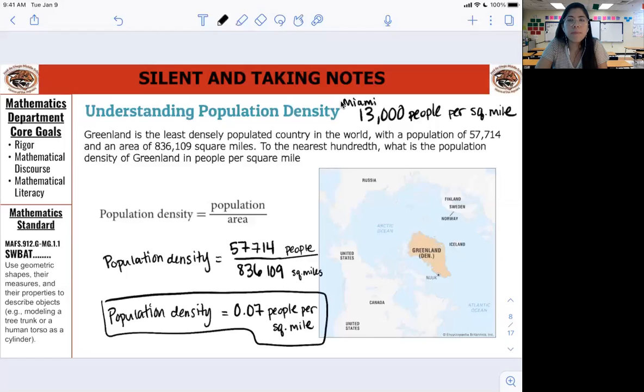It would be like from JDD to Biscayne Boulevard, and then down about 5 blocks. That would be like a square mile. And there's a lot of people who live in that square mile. 13,000 people could easily fit inside that area. So 13,000 people per square mile, that's the population density.